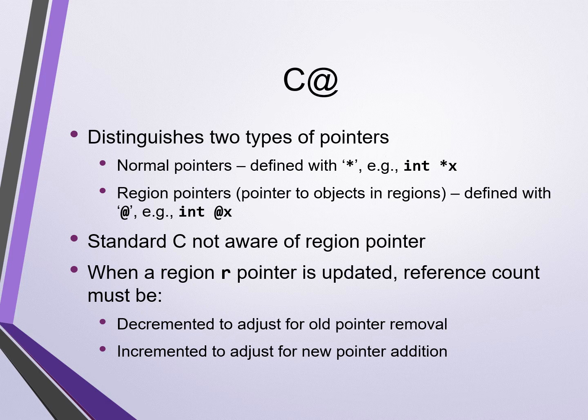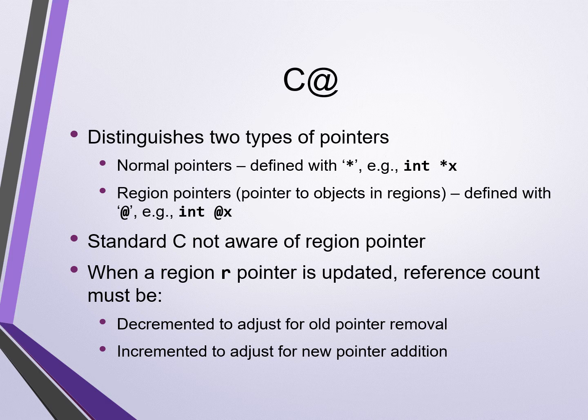Now we'll talk about their C program extension, C@. C@ recognizes 2 kinds of pointers, normal pointers and region pointers. Region pointers are the pointers that point to objects in regions like we just saw.